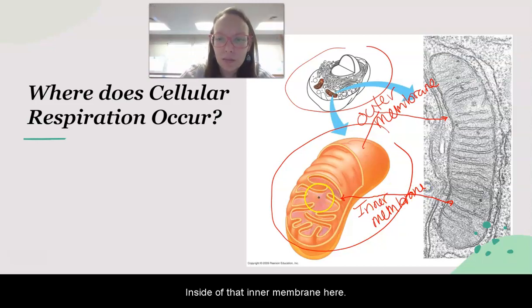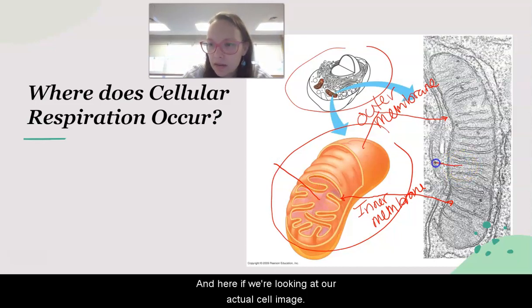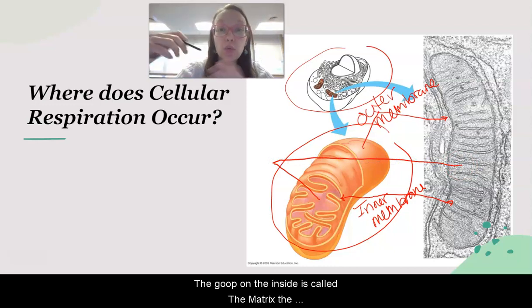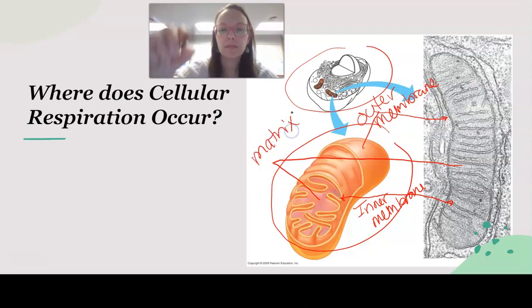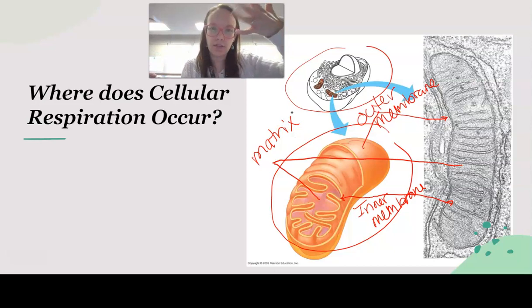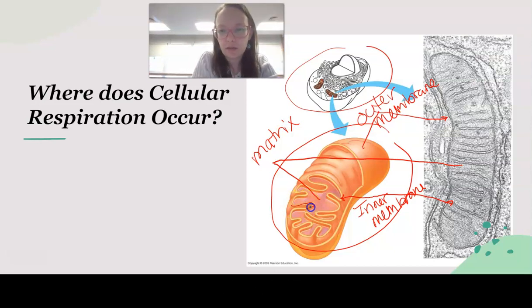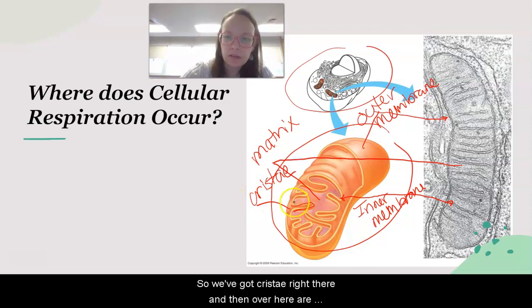Inside of that inner membrane, that goo on the inside is called the matrix, the mitochondrial matrix. And then the little squiggles, they look like little fingers. They're called cristae. So this right here is a crista. So we've got cristae right there.